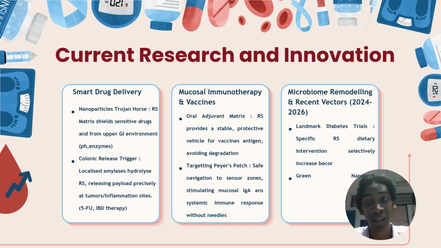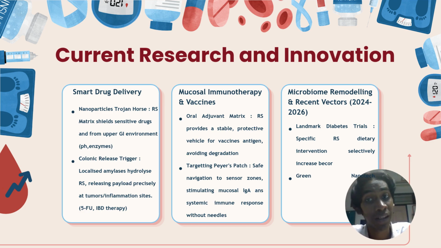Oral vaccines have always faced the same challenge of gastric degradation. However, modified resistant starch is now being engineered as an oral adjuvant matrix. It provides a stable, protective vehicle that preserves the vaccine antigens without the need for refrigeration.